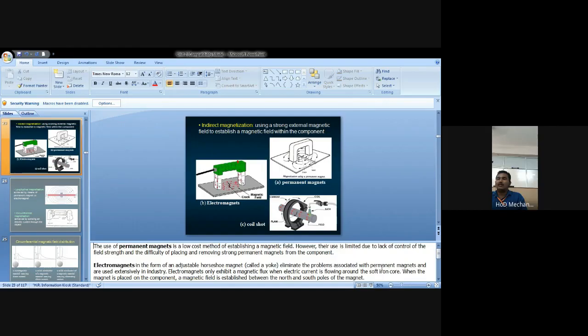These electromagnets eliminate the problems associated with the permanent magnet and are used extensively in industry. The electromagnet only exhibits a magnetic flux when electrical current is flowing around the soft iron core.